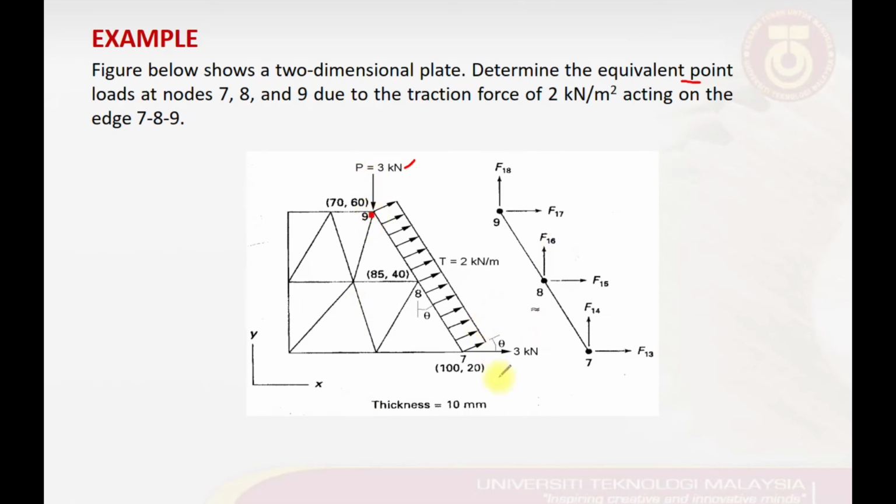Before we begin, I think it is better to label the node numbering for each node that we have in our structure. So node number 1 starts here, number 2, 3, 4, we have node number 5, and node number 6 here, nodes number 7, 8 and 9.